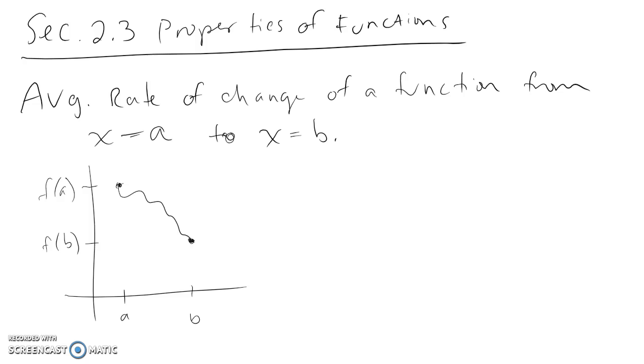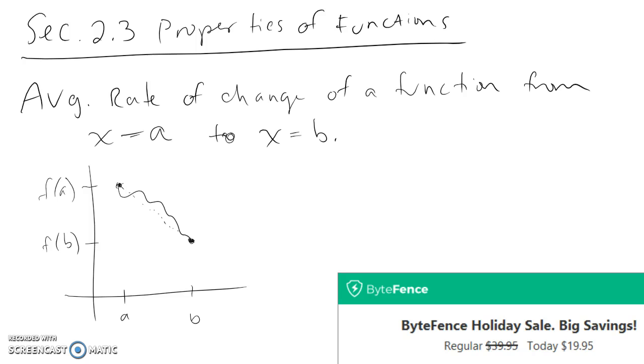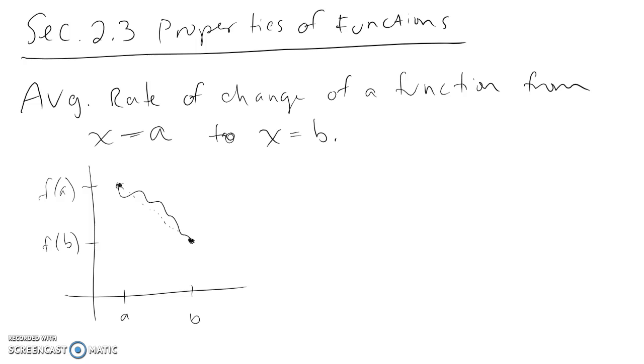Okay? The average rate of change is defined as the slope of the straight line. It doesn't look very straight, does it? Let's get rid of that. Let me draw my function again.